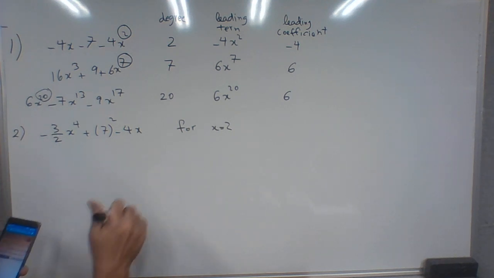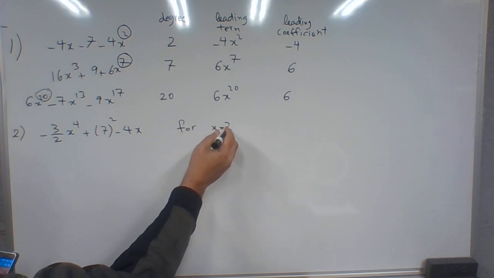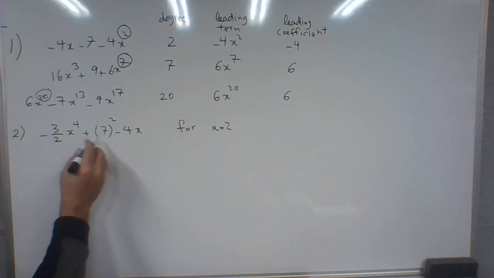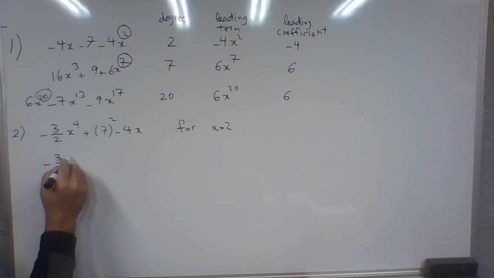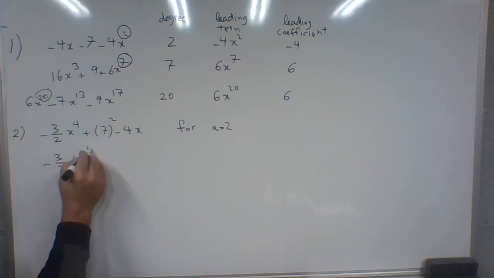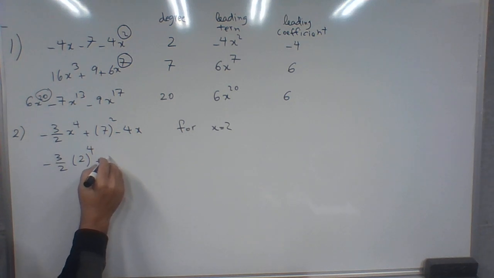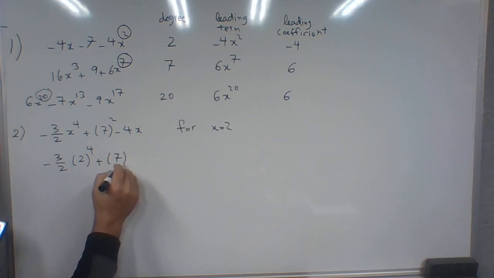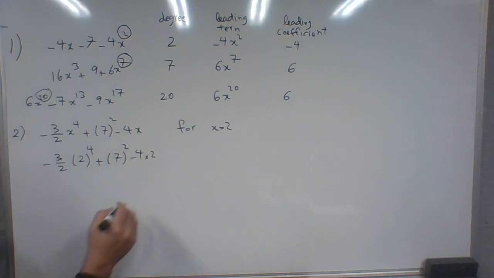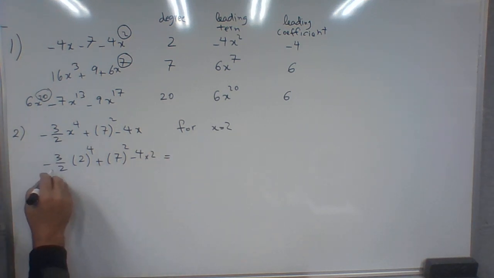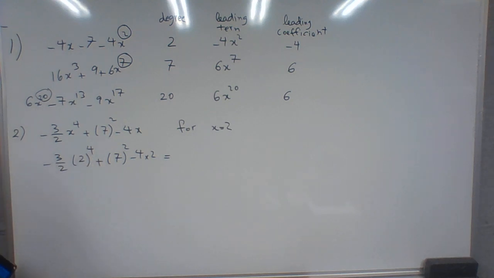Okay, so if x is 2, you put 2 instead of x everywhere. So negative 3/2 times 2 to the power of 4 plus 7 squared minus 4 times 2. So 2 to the power of 4 means 2 multiplied by 2 4 times.